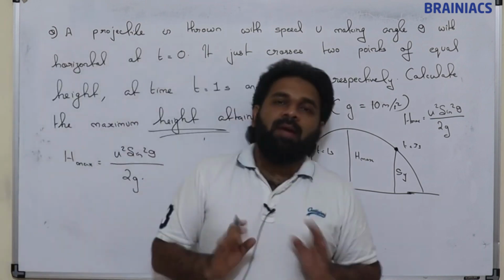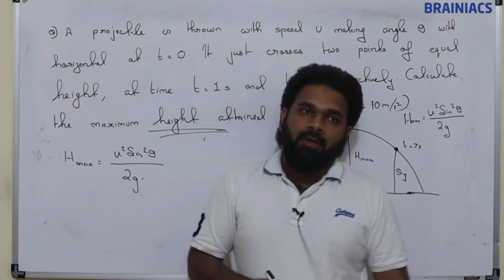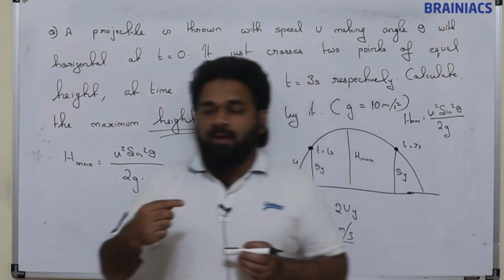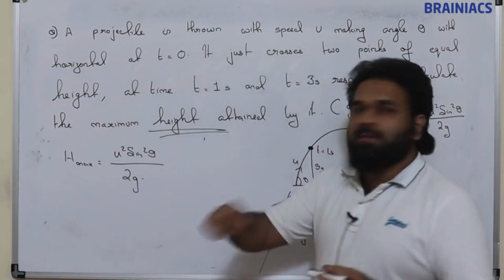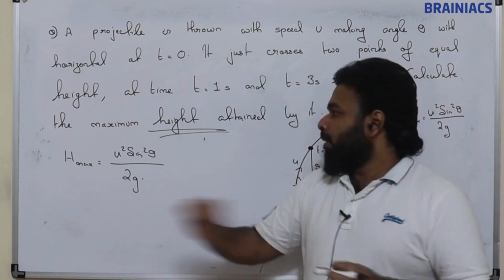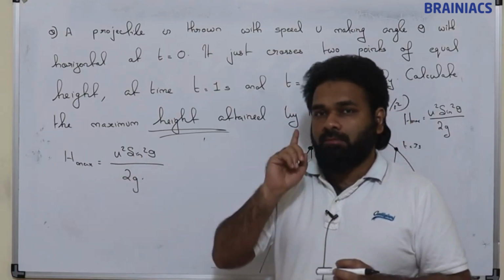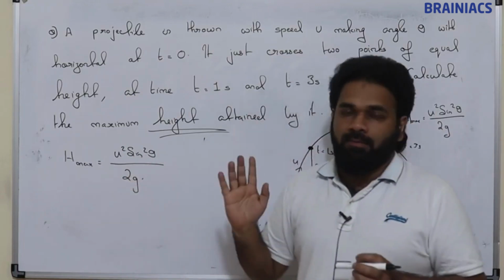When they ask for maximum height and haven't given the angle, we should carefully understand the question. See, at different angles, obviously the maximum height will change. The maximum value of sine theta is 1, so sine square theta's maximum value is 1 into 1, that is 1.